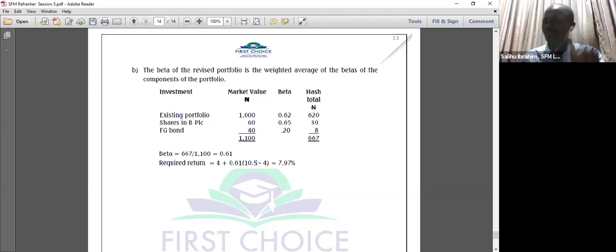Which market return do I use? Do I use the market return of the shares or the market return of the bond? Consider that. That's why the question states to state clearly any assumption you have made, because without that assumption, you cannot go further. You will be confused. Which market return do I use?